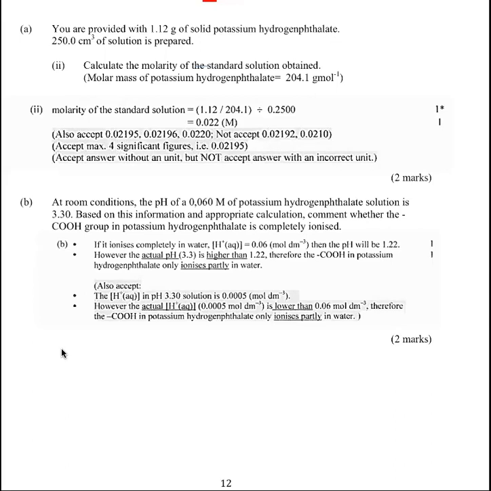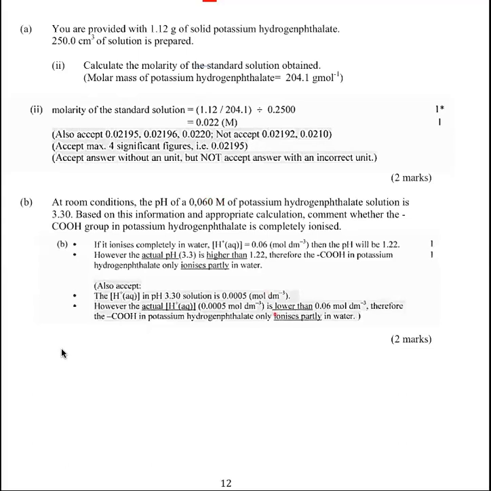Of course, you can work it backwards. Because you know the pH, you are able to work out the concentration of hydrogen ion, which will be 0.0005 molar, which is much lower than the stated concentration, 0.06 molar.